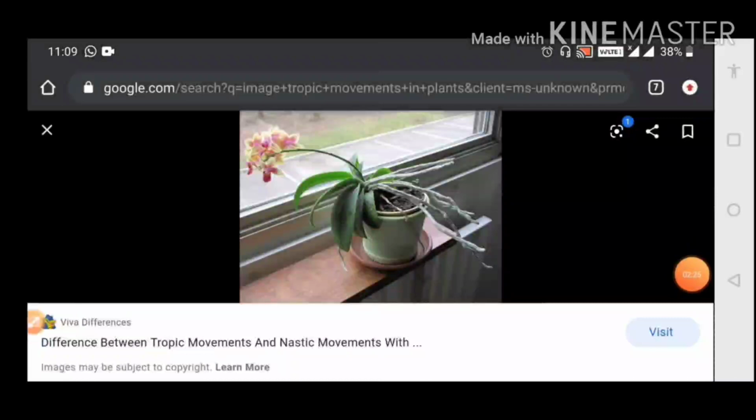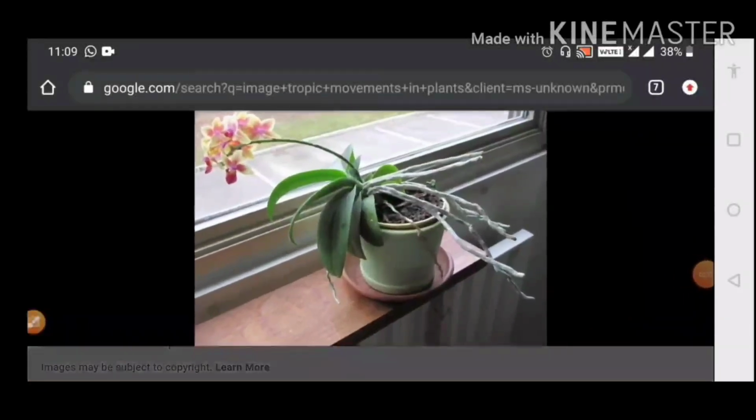Okay, look at this another picture. In this picture another tub has some orchids growing near a window, and you can see the light entering from the window. To see the behavior of the plant body parts, on this side the flowers and the leaves are going towards the source of light, and the roots on this side are moving away from the light.